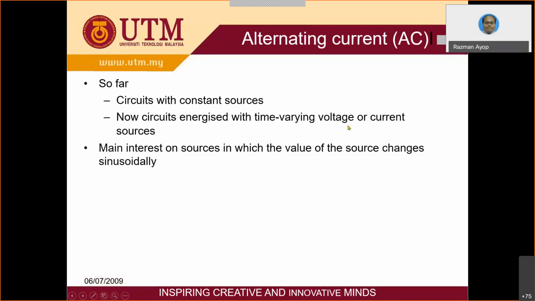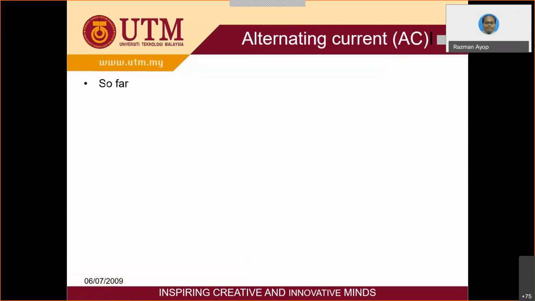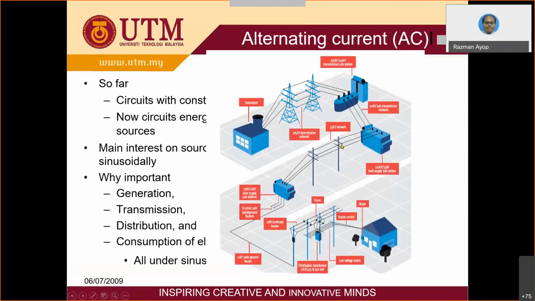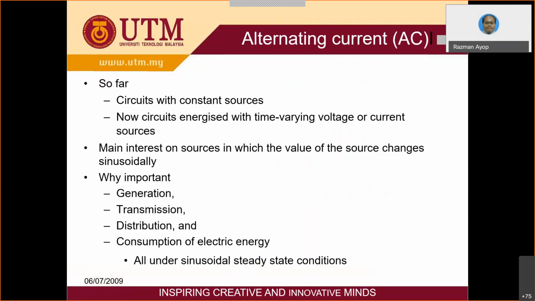Now we move on to alternating current. Previously we learned about the constant source. Now we use an AC source. Why is this important? Because we use AC in our system actually.